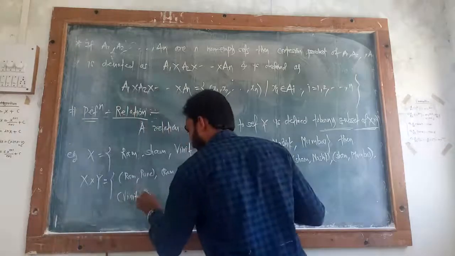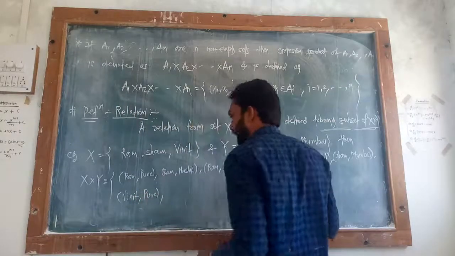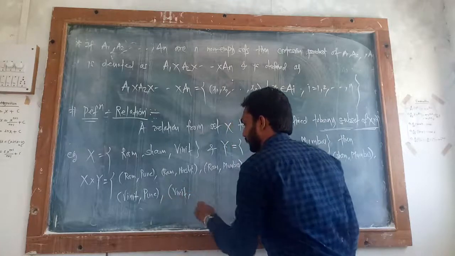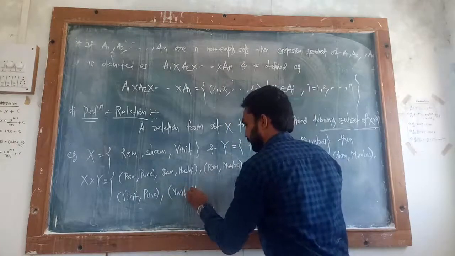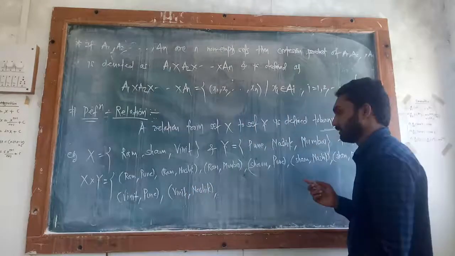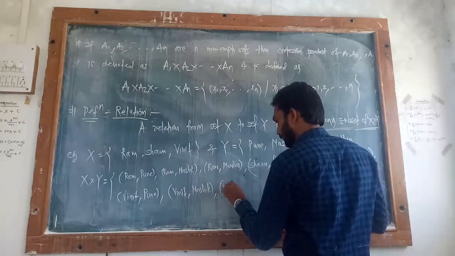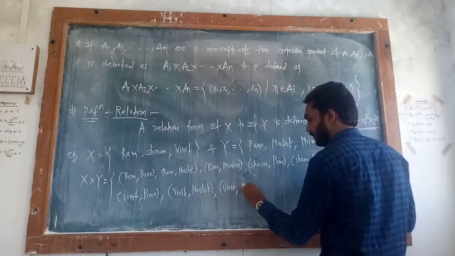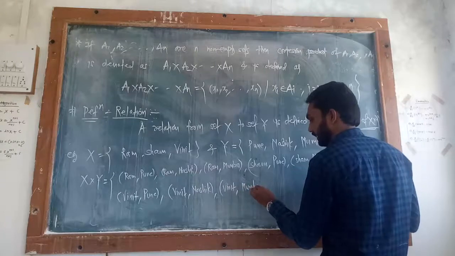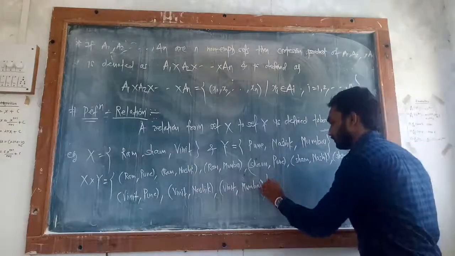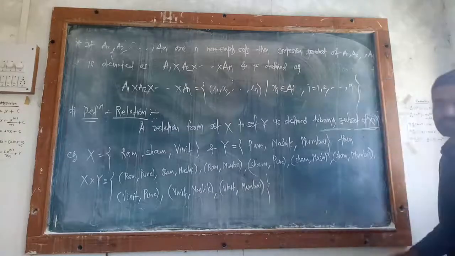Vinit lives in Pune. Next, Vinit lives in Nashik. The last third one, Vinit lives in Mumbai. Okay, these are the native places of these 3 persons. This is your Cartesian product of X cross Y.